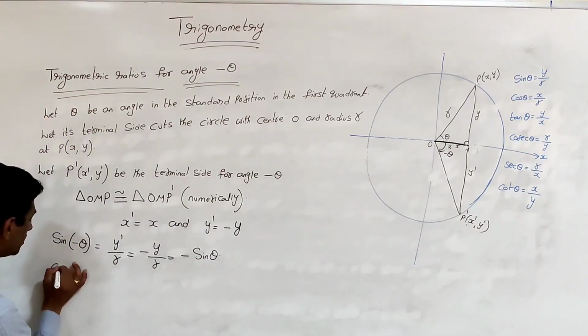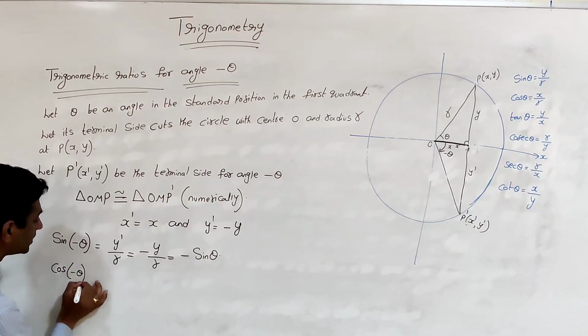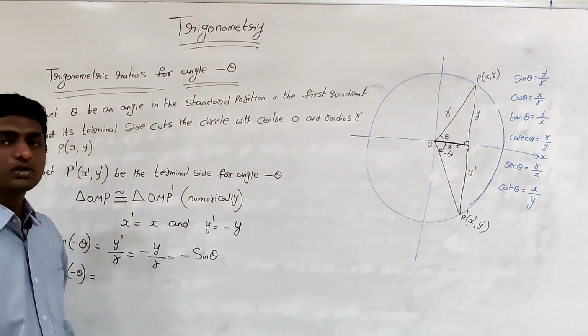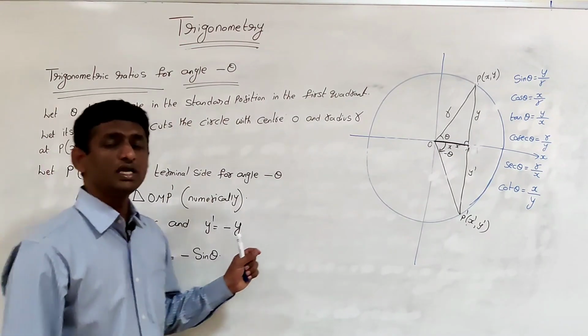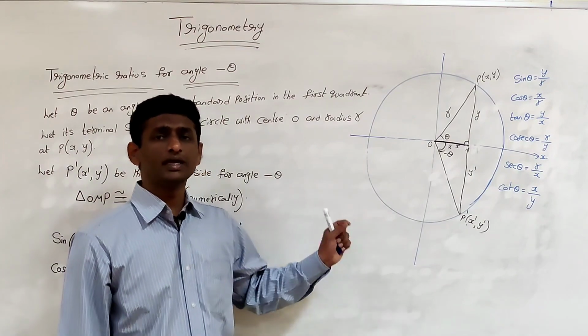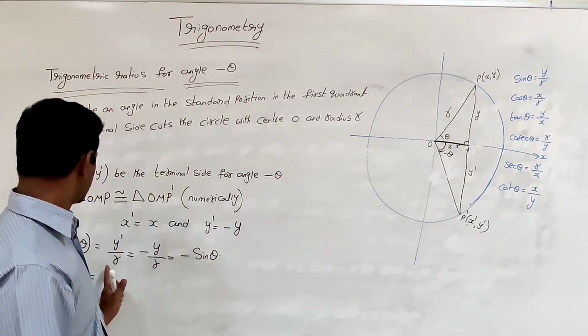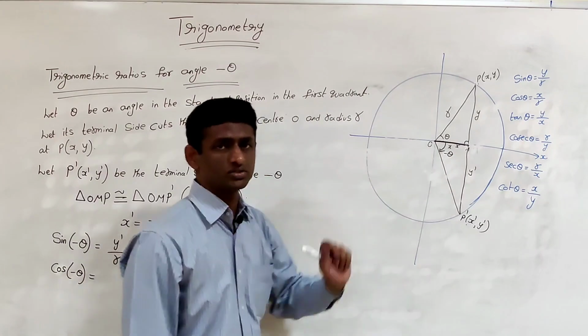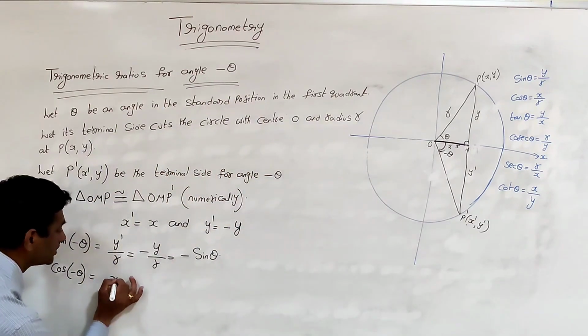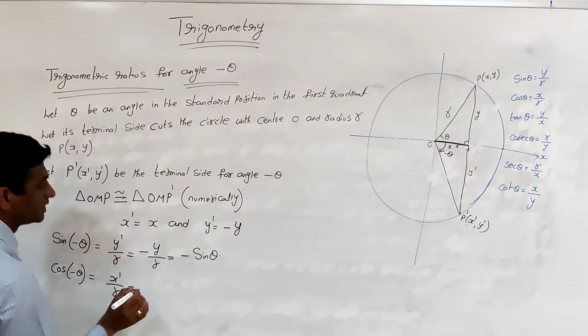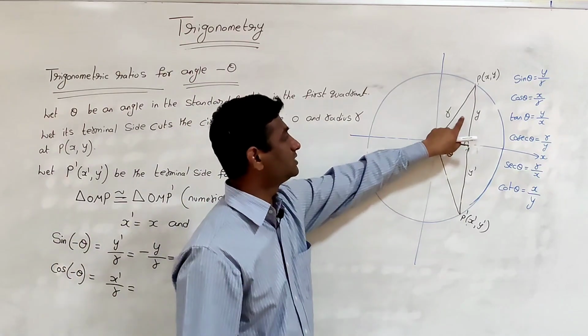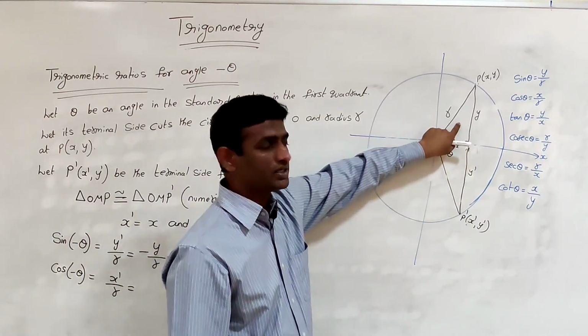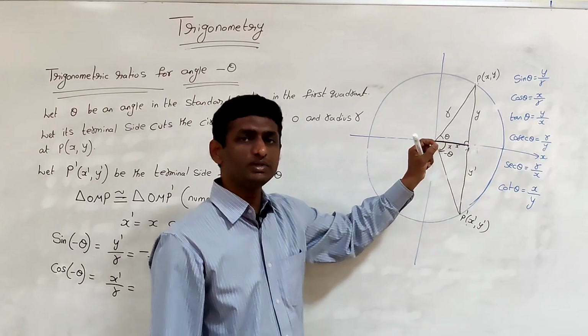Next, cos of minus theta angle. Cos of minus theta is the adjacent side of minus theta by hypotenuse. The adjacent side of minus theta is x dash by r, but the length of OM dash will be the same as OM.